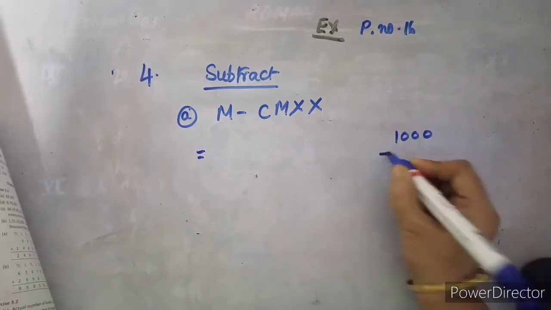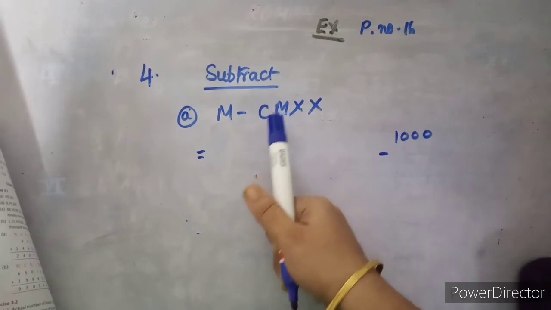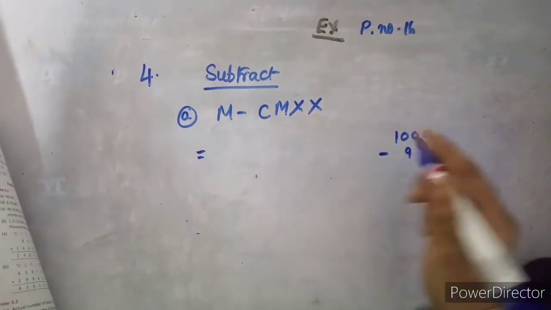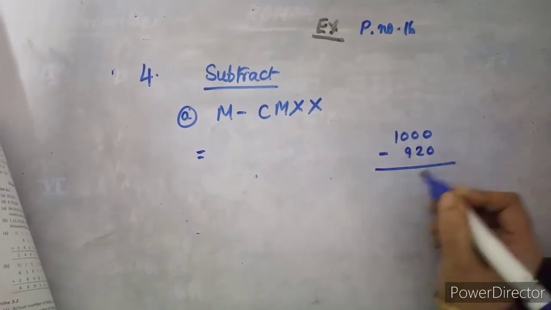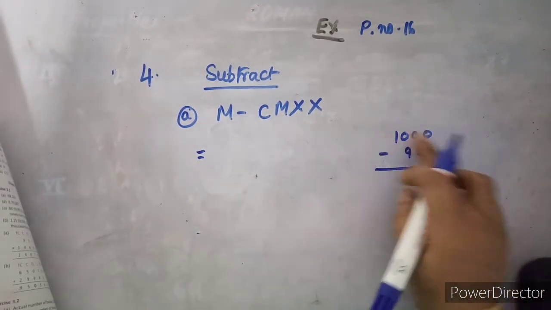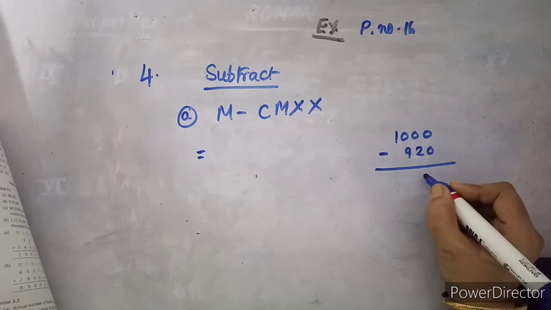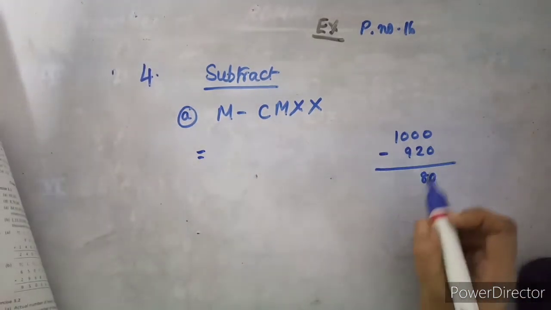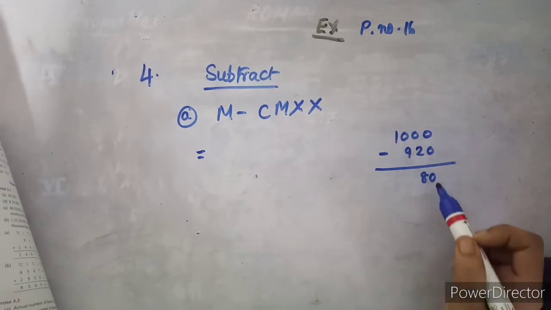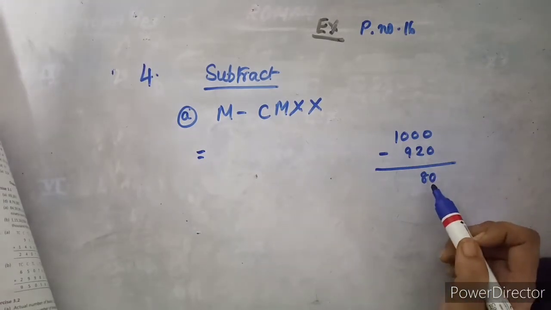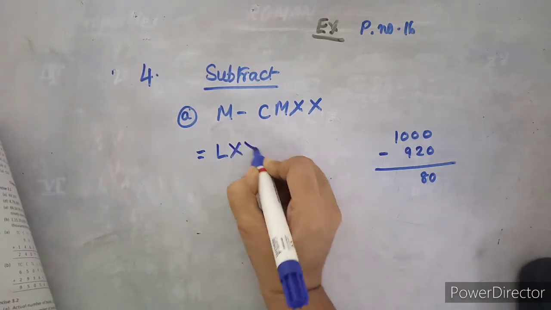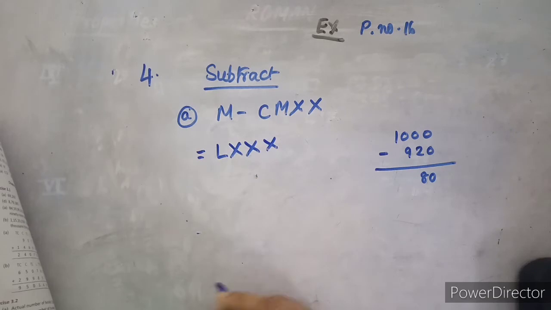Then subtract 1000 minus 100 is 920. Now 1000 minus 920 will give you 80. Now how will you write 80? 50, 60, 70, 80. So this will be your answer.